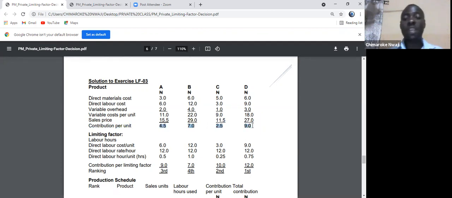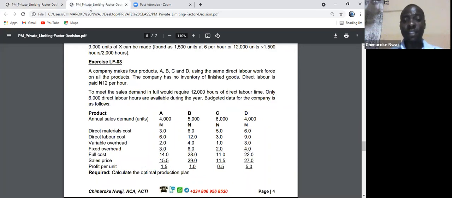4.5, 7, 2.5, and 9. What is step 2? Step 2 is identify the scarce resource. It was given to us. The scarce resource is labor hours.